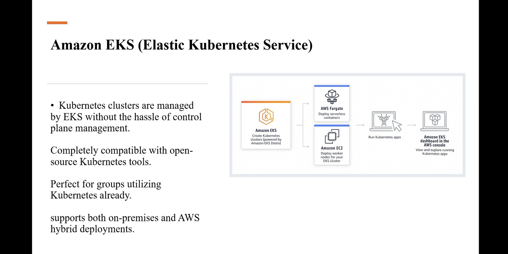Perfect for groups already using Kubernetes, it supports both on-premises and AWS hybrid deployment. Here AWS EKS creates a Kubernetes cluster, AWS Fargate deploys services containers, and Amazon EC2 deploys worker nodes for your EKS cluster.